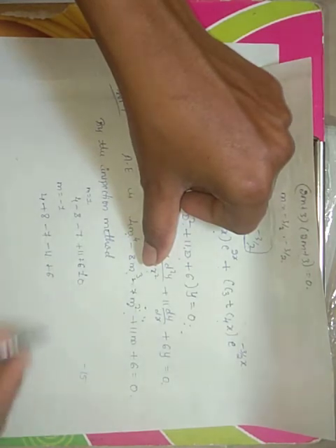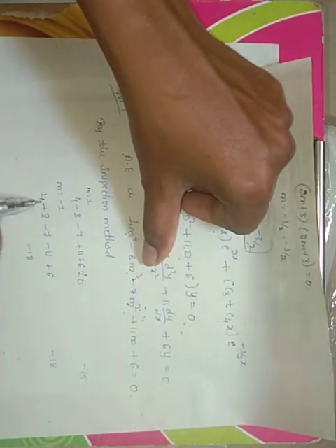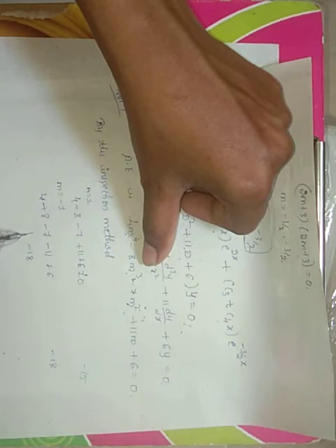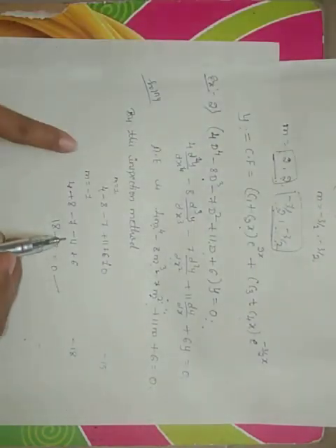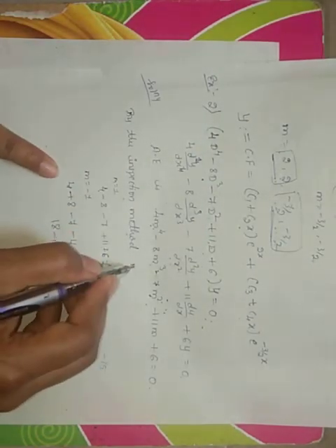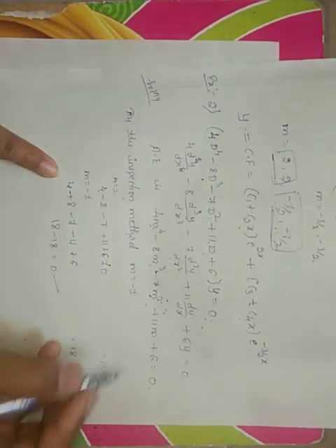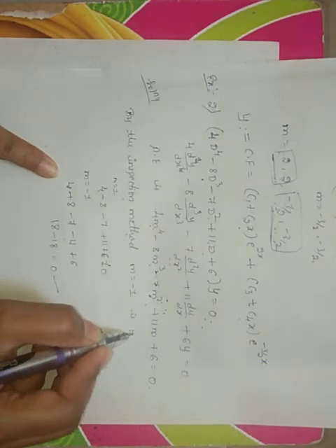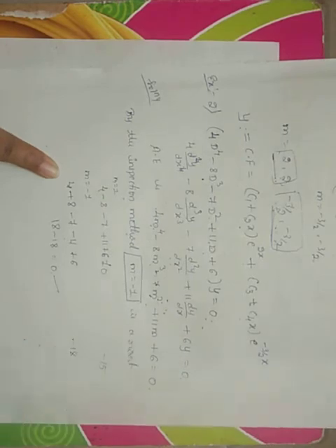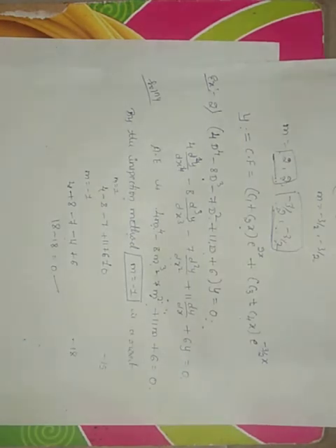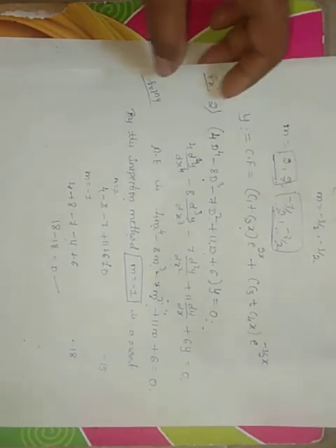Adding up gives plus 18 minus 18, which is 0. The equation is satisfied. Therefore, by the inspection method, m = -1 is a root.